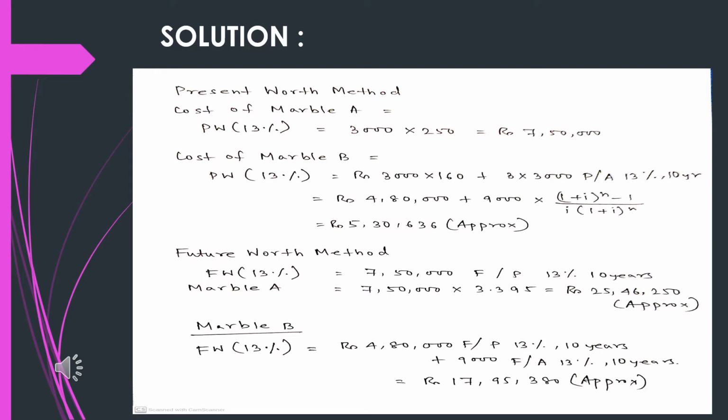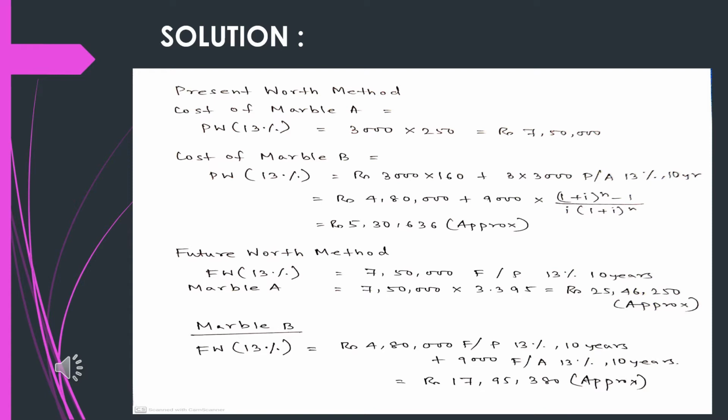Be very careful with that transformation, as that is the most important part while calculating this sum. Adding the values up, we get approximately rupees 5,30,636.